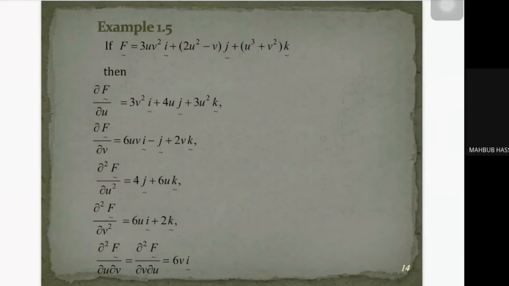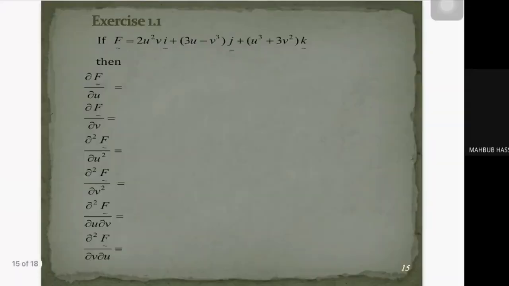Del square f over del u squared: differentiate this, you get 2j plus 6uk. Then differentiate this with respect to v, you get 6ui plus 2k. And del square f over del u del v, you get 6v i.